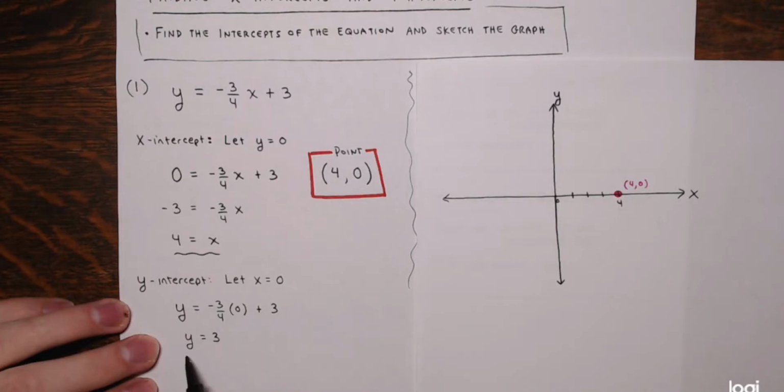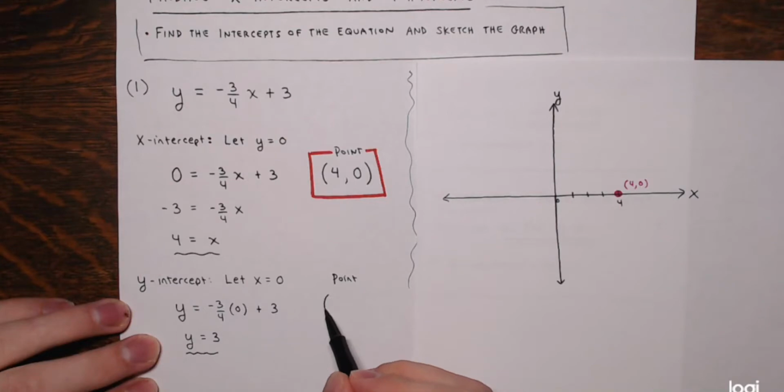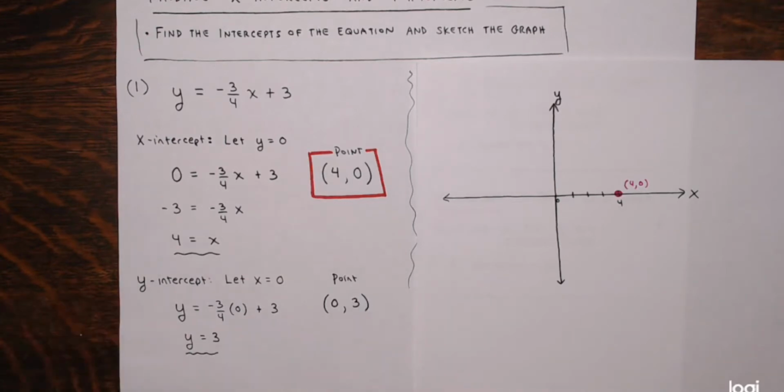So there's the y-coordinate of the y-intercept. The point on the plane that we're going to plot, that's called the y-intercept of this graph, has an x-coordinate of 0, that's the first coordinate, comma, and then when x is 0, we see that y is 3. So 0, 3.